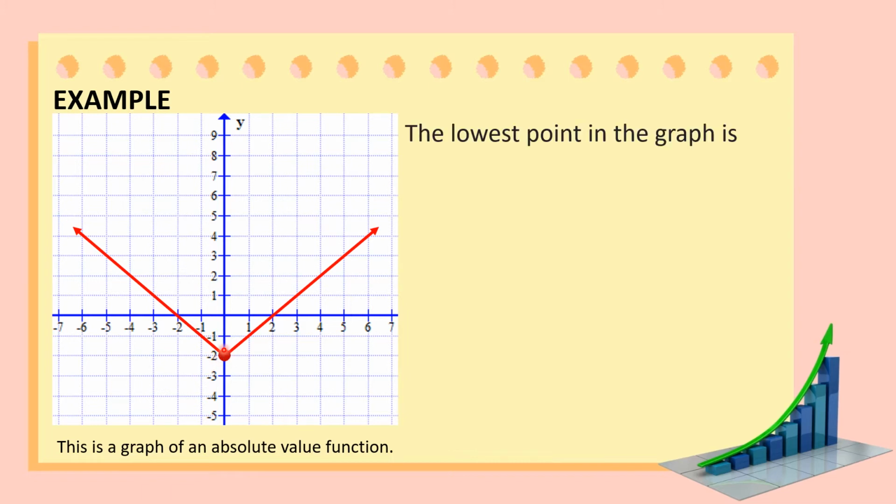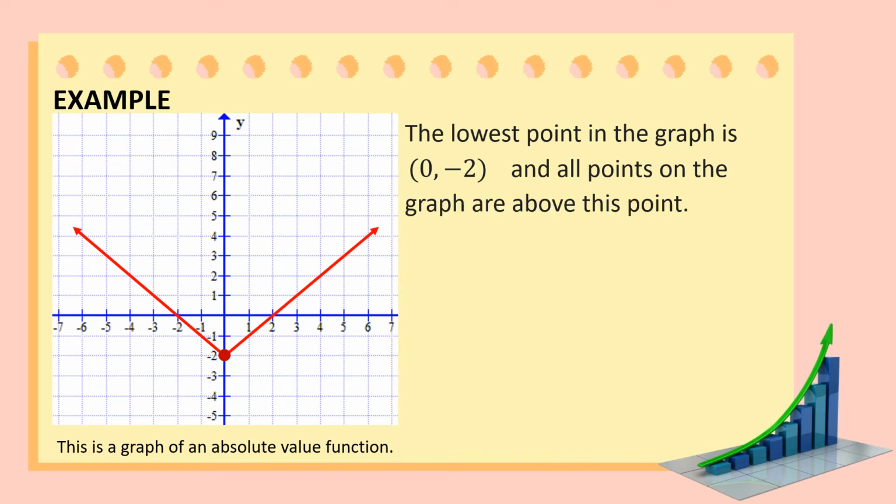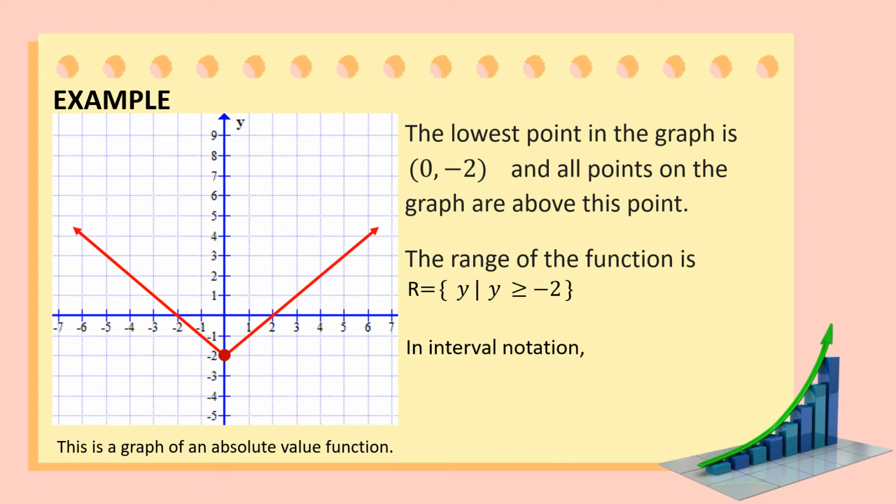The lowest point in the graph is at 0 and -2, and all points on the graph are above this point. So the range of the function is R equals the set of y such that y is greater than or equal to -2. The interval notation is from -2 to +infinity.